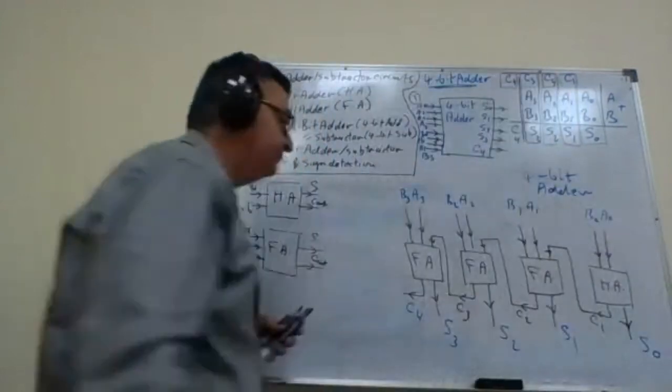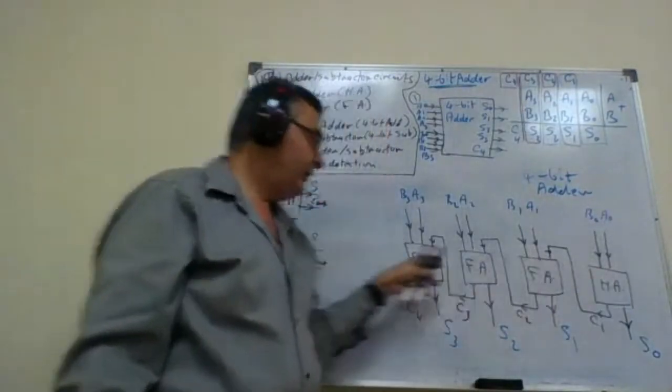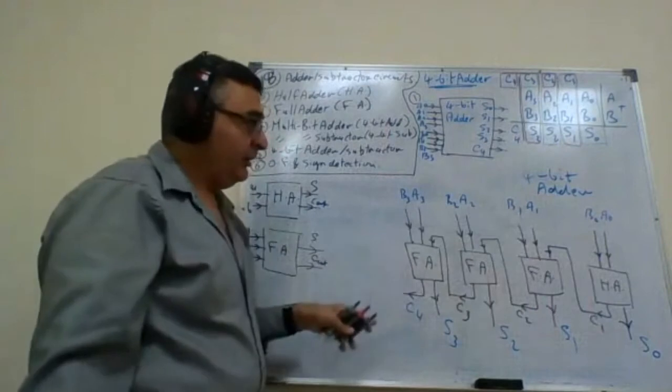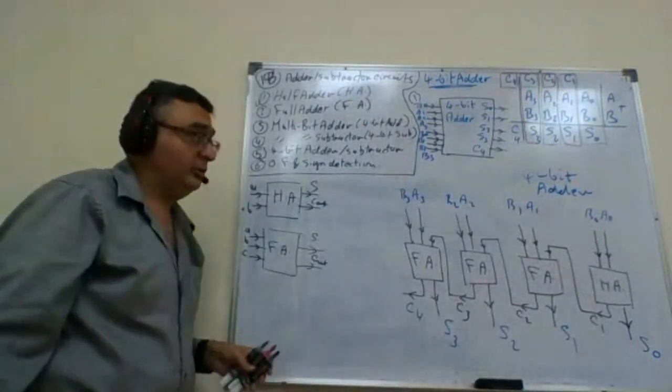So the 4-bit adder is one half adder and 3 full adders connected back to back. Through these connections, I can achieve what I want.